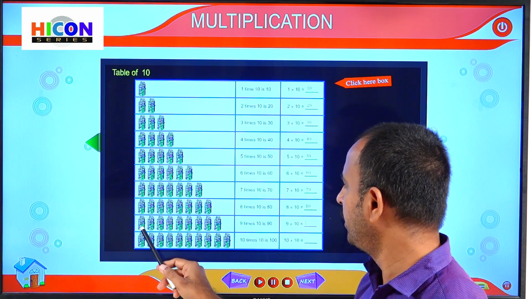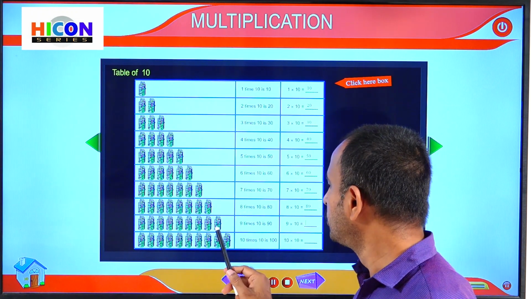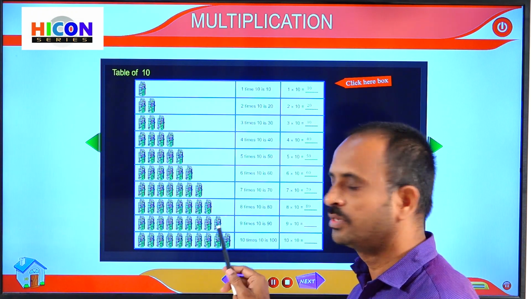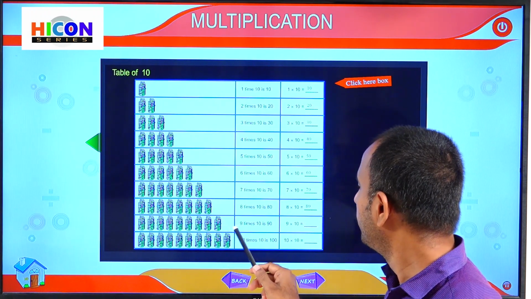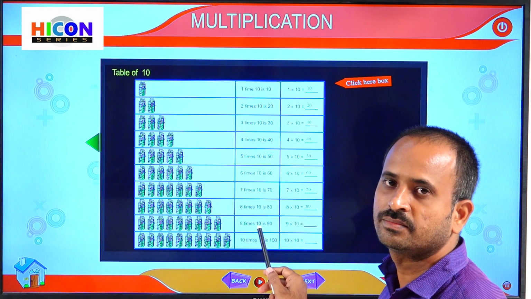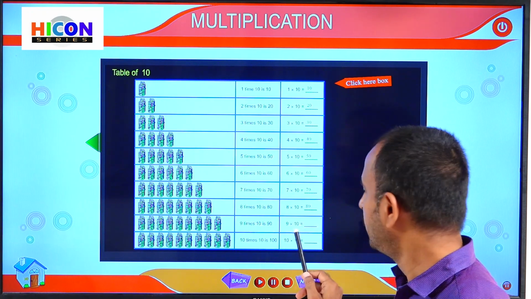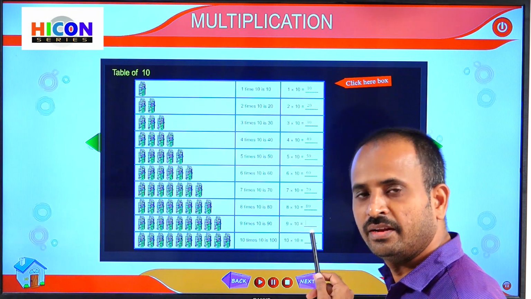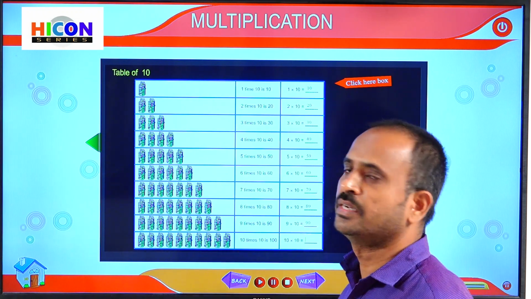So children, in the same way, here total there are 9 groups of pencils. Each group has 10 pencils. The total number of pencils can be obtained by doing 9 times 10. So 9 times 10 means 9 into 10. That is 9 tens are 90. So there will be total 90 pencils.